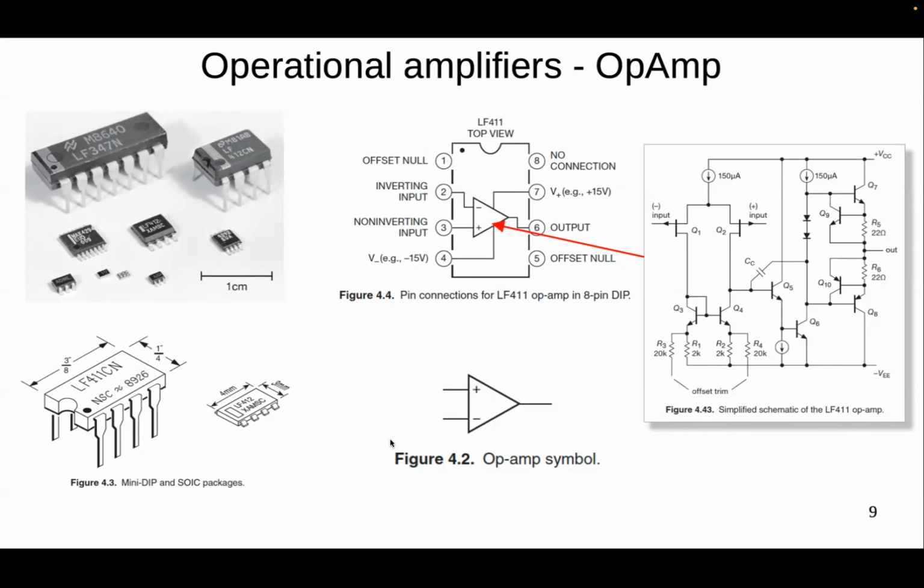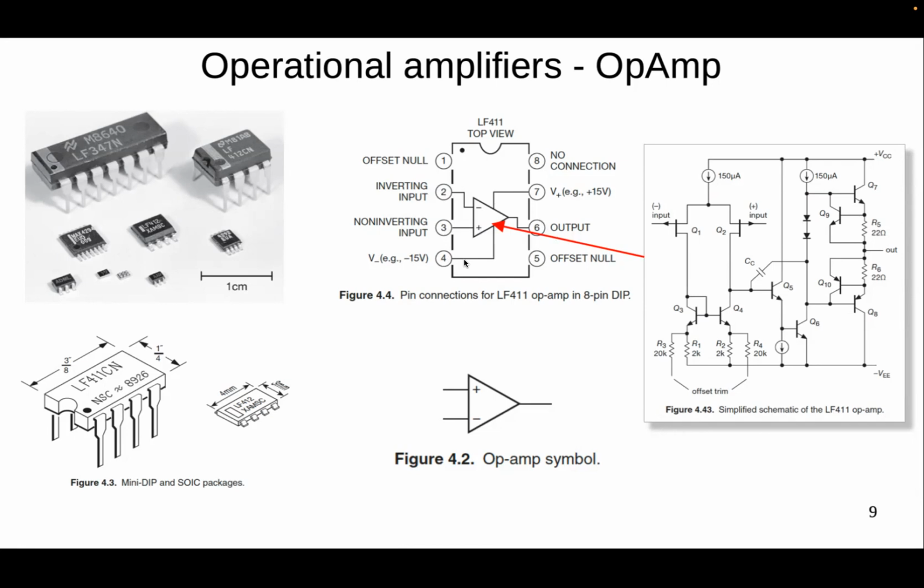Then the operational amplifier basically summarizes all those blocks that we saw previously in this small block, where we have the inverting input and non-inverting input, and a single output. We have two voltage sources, normally one positive and one negative.